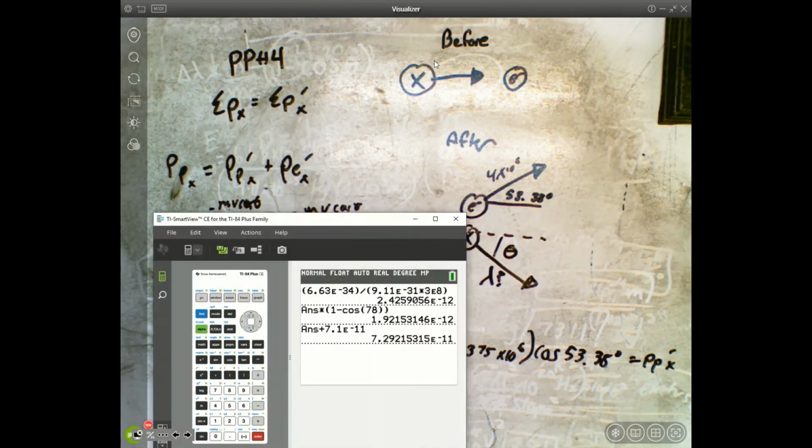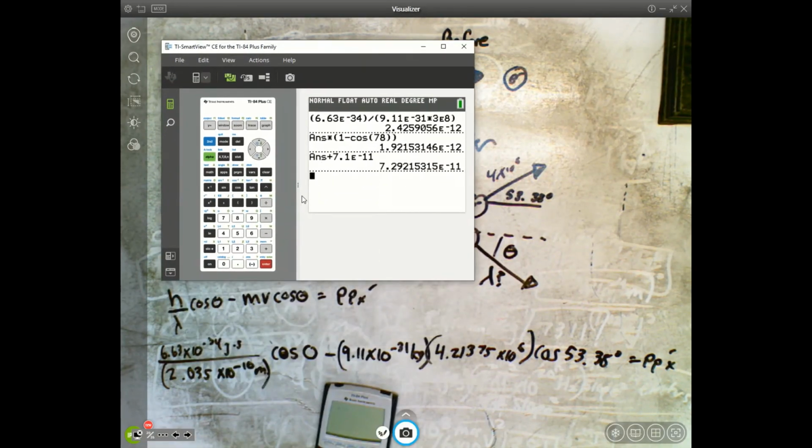Let's do this on the calculator. We can do the same thing for y, so we're going to do it all in one. 6.63 times 10 to the negative 34 divided by 2.035 times 10 to the negative 10. I'm going to be very careful today so I don't make a bunch of mistakes for you guys. I'm going to close that bracket, and then multiply all of that by cos of 0, and close my bracket.